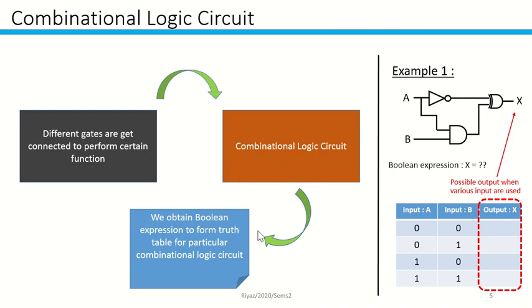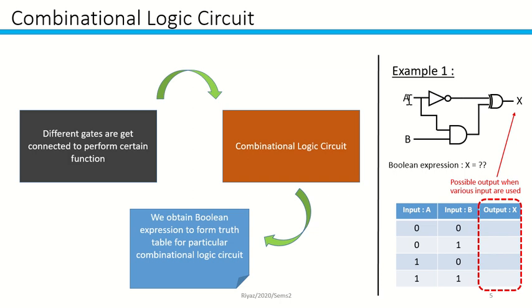From here, you can get the Boolean expression and form the truth table for that particular combinational logic circuit. As an example, you have one gate here, this is a NOT. You have another gate here, it's an AND. And this is an exclusive OR. You combine them in such a way that input A goes to the NOT gate first.